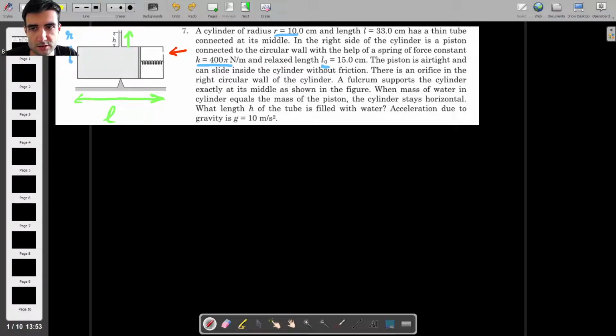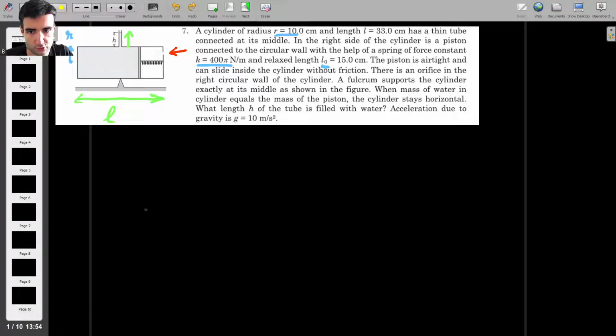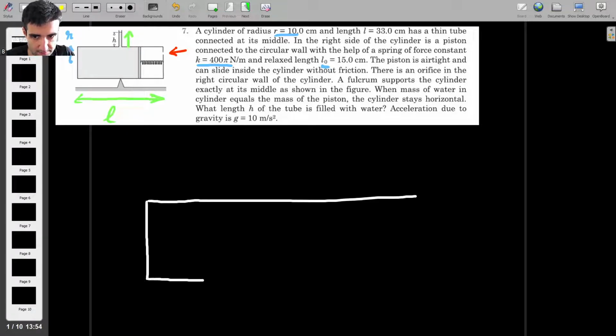Now, to do this, what I would first do is redraw the cylinder. So first I'll draw the cylinder like this, and then I'll draw the tube. The tube is at the halfway point, which is somewhere around here. So let's draw the tube going upwards like this.